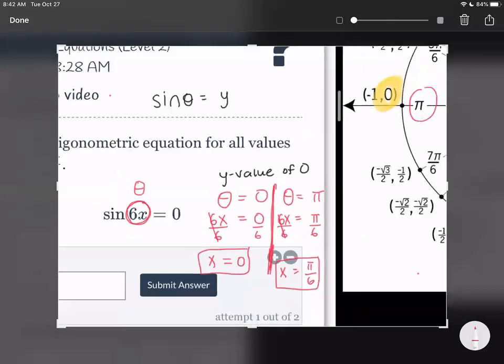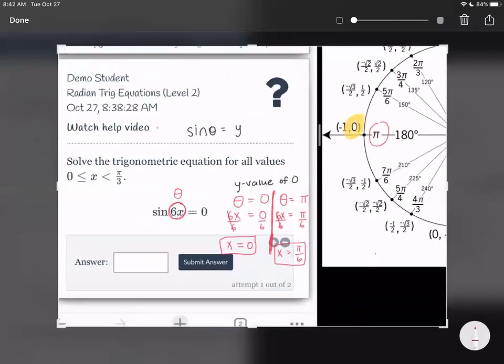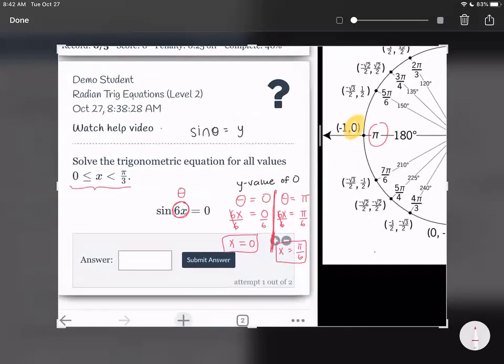Zooming out a little bit, the reason why they restricted us to 0 all the way to pi over 3 is because originally your range is from 0 to 2 pi, but this is for 6x. They gave us 6x over here. So if we want to find x, we divide everything by 6.